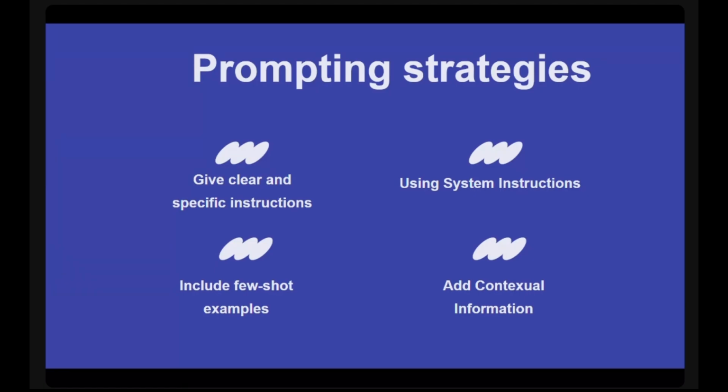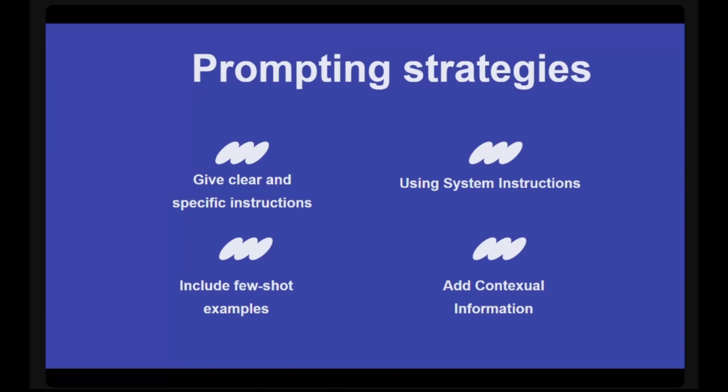Use simple, plain language, not any complex words, and be specific. Your prompt should not be ambiguous. It should be specific to the task that the AI model needs to do.